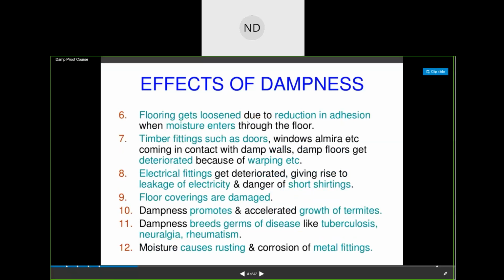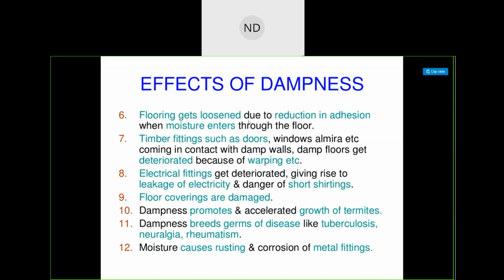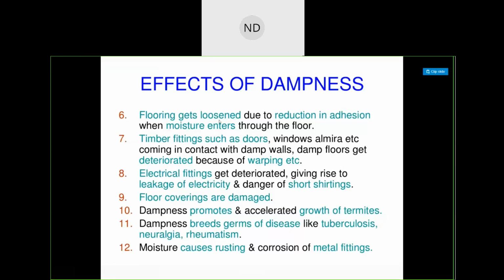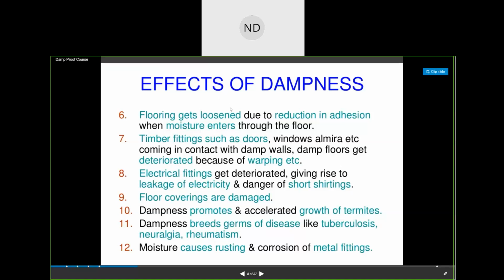Flooring gets loosened. The floor cover we were talking about earlier also gets loosened due to reduction in the adhesion of the adhesive material you used for sticking the upper cover of your flooring, which may deteriorate due to water entering your floor system. Timber fittings such as doors, windows, almirahs, etc., coming in contact with damp walls and damp floors deteriorate because of warping.